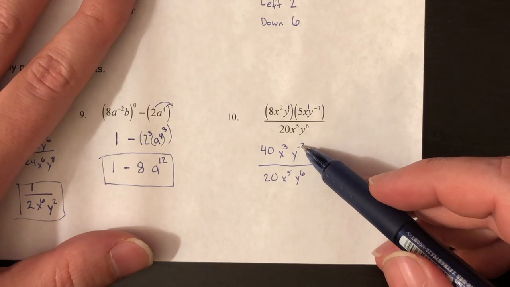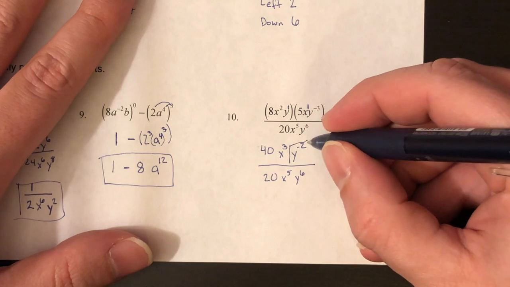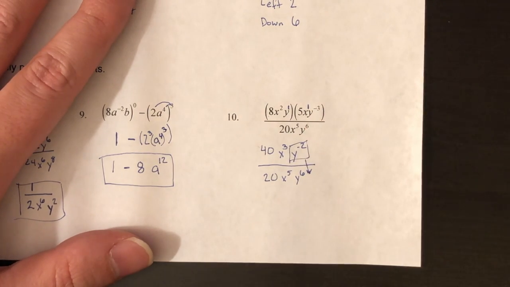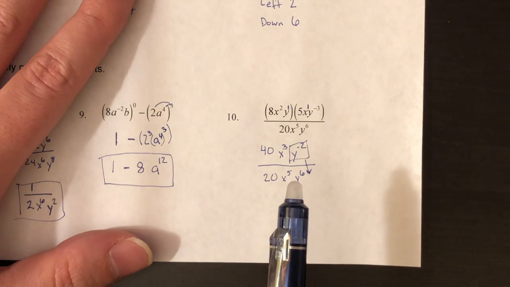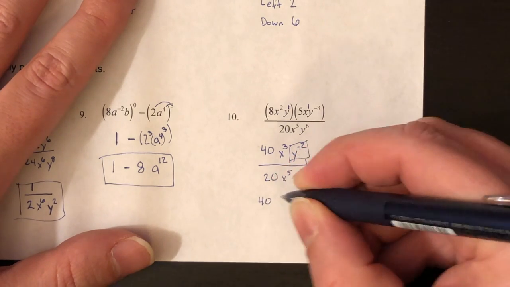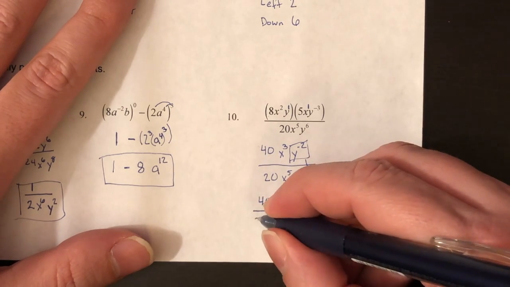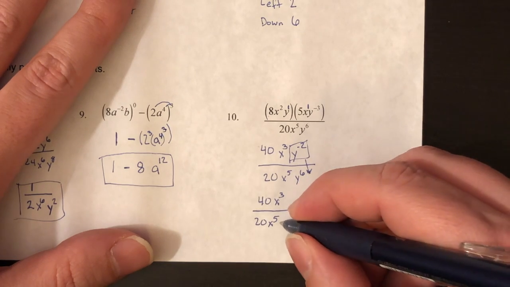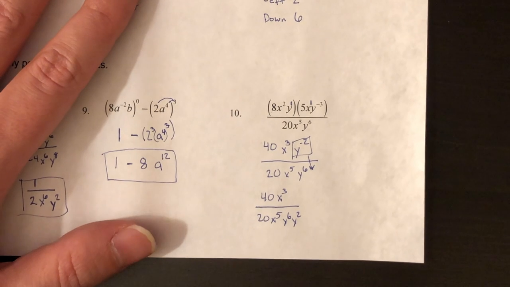The negative exponent says that part, just that part, changes locations from on top to down to the bottom. If it were on bottom, it would need to move up to the top. So I've got 40 x cubed over 20 x to the power of 5 y to the 6, y squared.